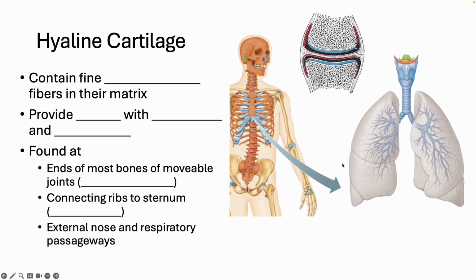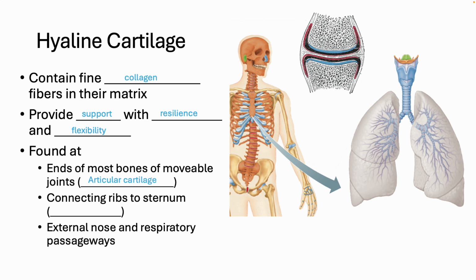Hyaline cartilage is the most abundant skeletal cartilage. It contains fine collagen fibers within its matrix. These collagen fibers are going to provide support with resilience and flexibility. You are going to find this at the ends of most of your movable joints.